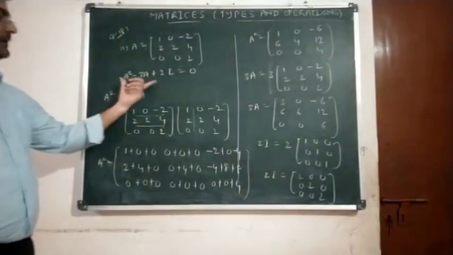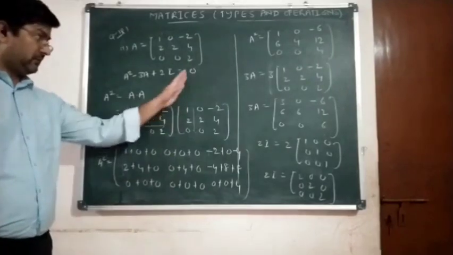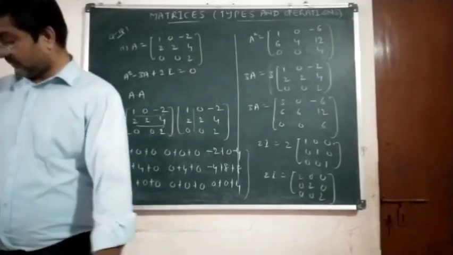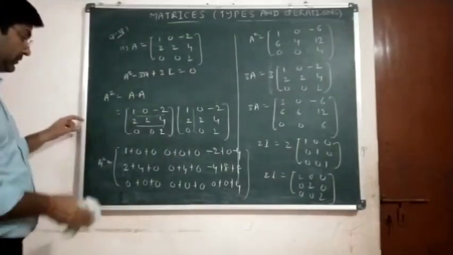Now simply we will take the left hand side, substitute the values and check whether it is equal to the null matrix or not. Clear? So let us do this here.